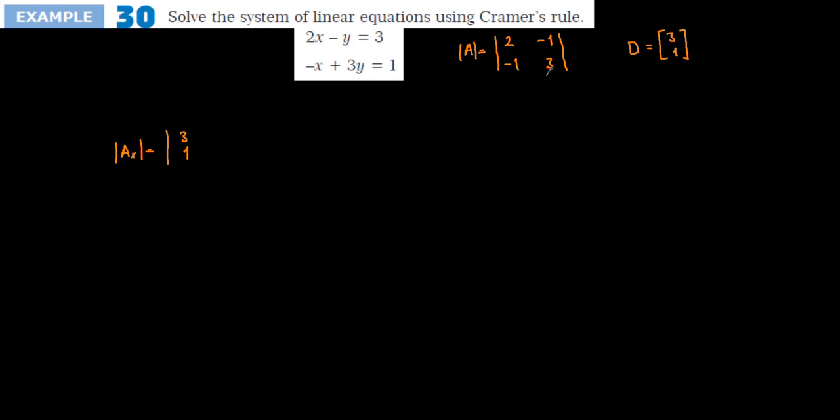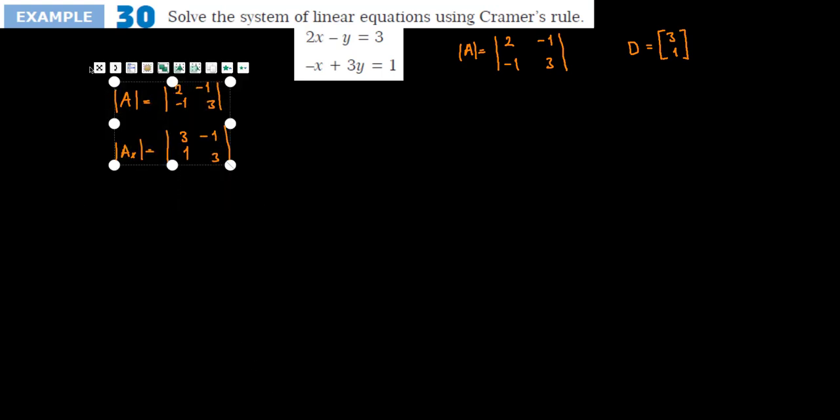This part stays the same, which is 2 and 1 and 3. It's better to write the determinant of A here one more time, which is 2, minus 1, minus 1, 3, because I need to find the determinants of all these expressions also.